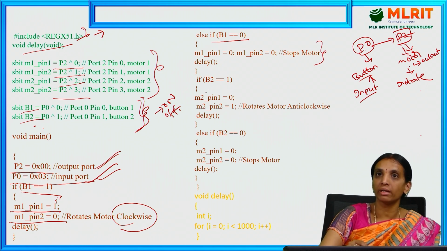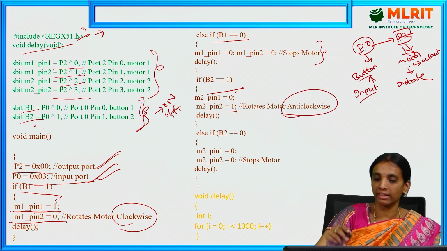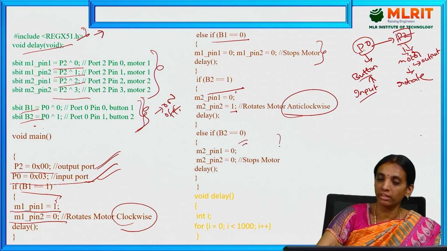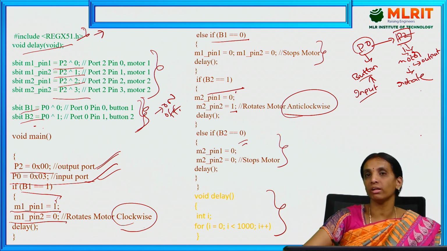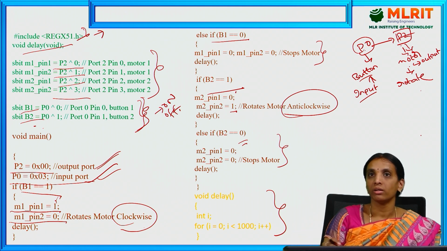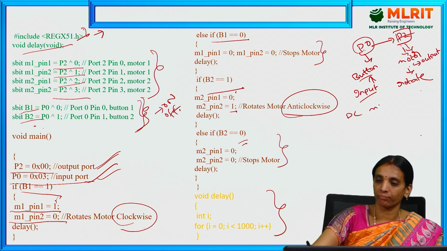If button 2 is equal to 1, motor 2 is operated, and if the pin 2 is 1 in this motor 2, the motor rotates in the anti-clockwise direction. If button 2 is 0, it stops motor 2. This is the delay function used for providing the delay between the on and off of the motor, or for providing the rotation on and off of the DC motor.